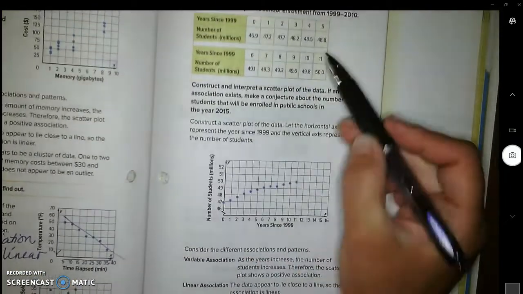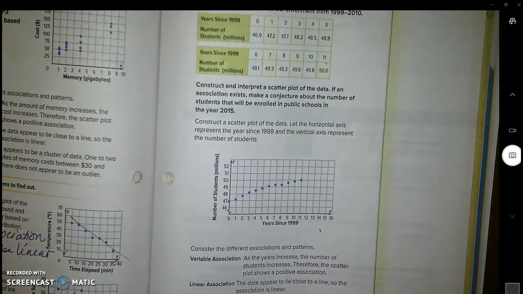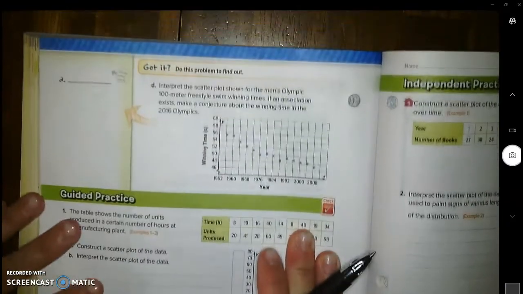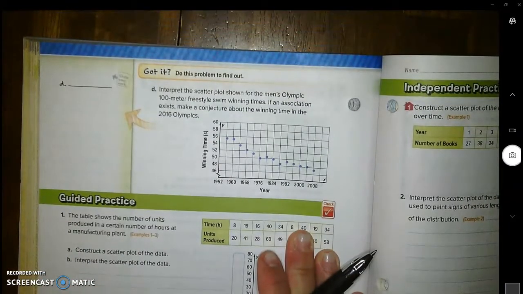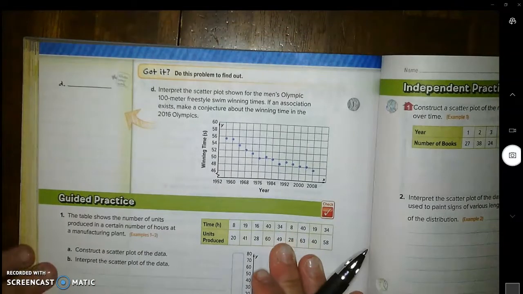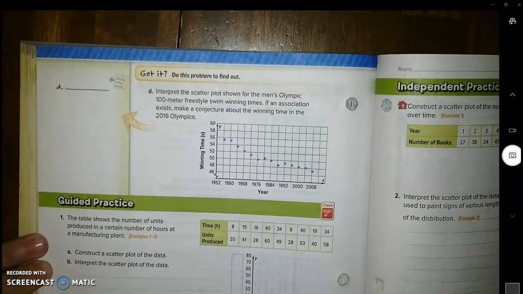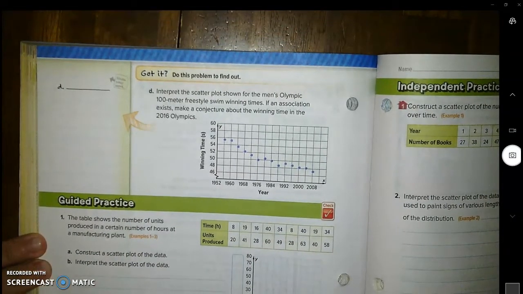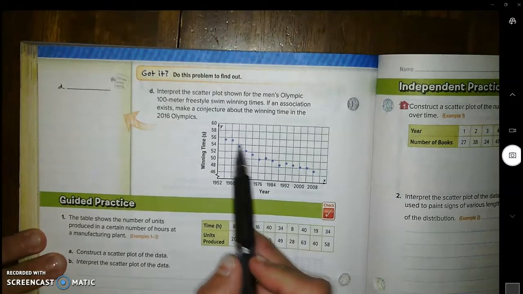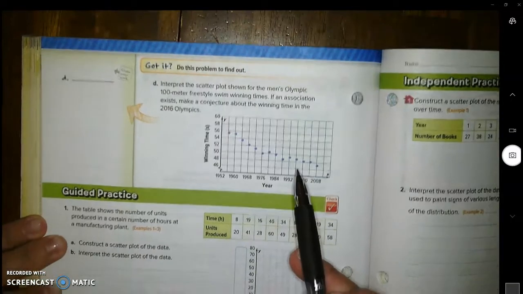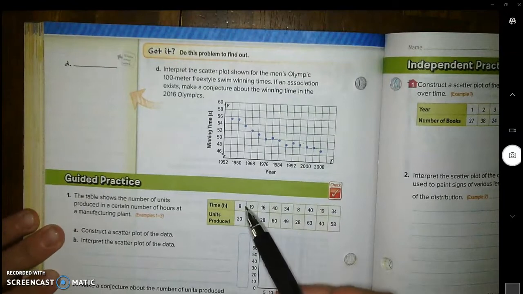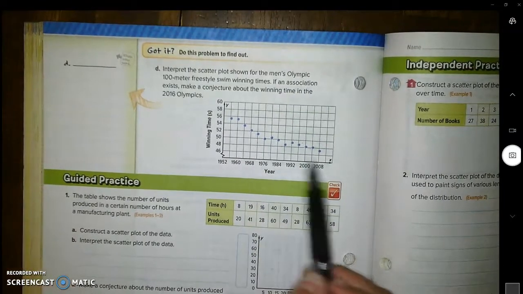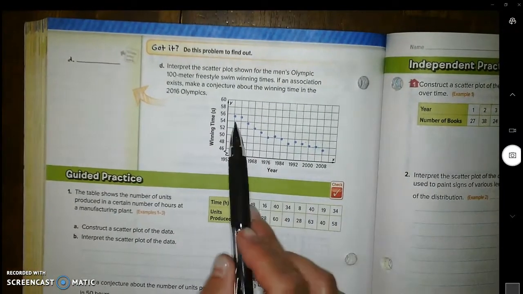Sometimes they're going to have you actually build it and then discuss it, which is what page 669 is about. Let's go take a look at the got it up at the top. And then it's going to maybe ask you another question. Okay, so let's go take a look at this one. So this is a scatter plot for men's Olympic freestyle swim, right? Okay, so imagine Michael Phelps swimming, okay?